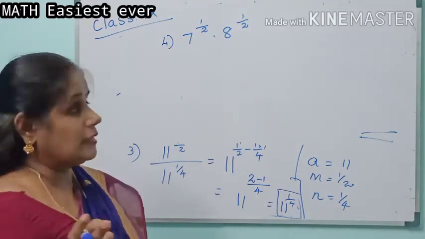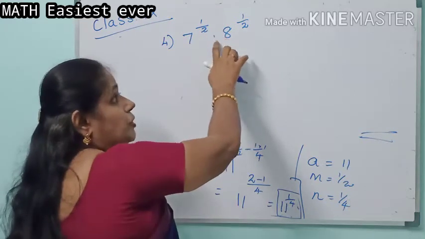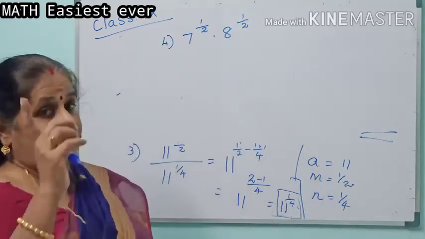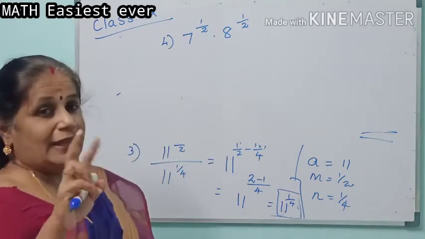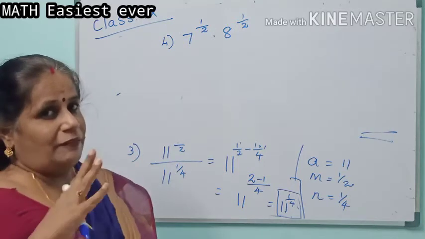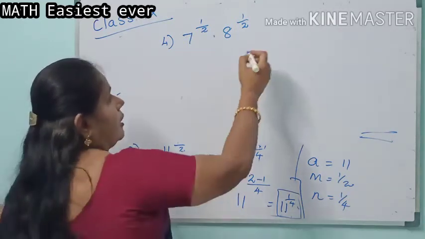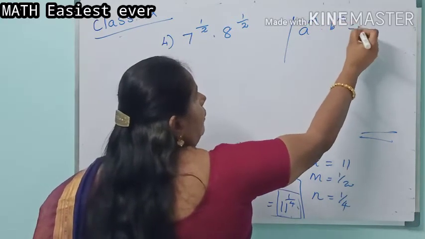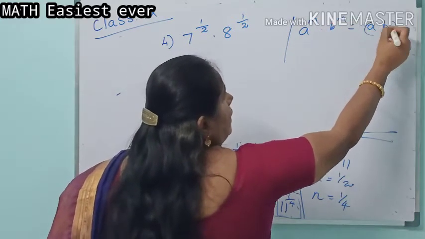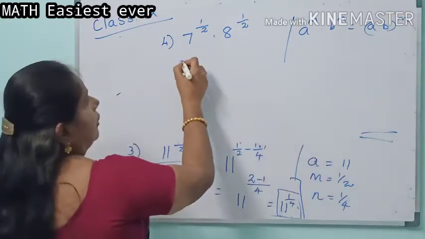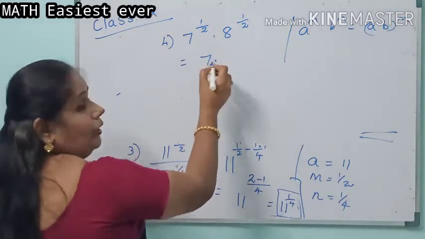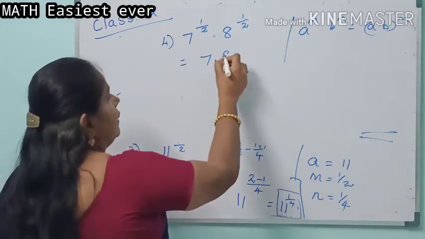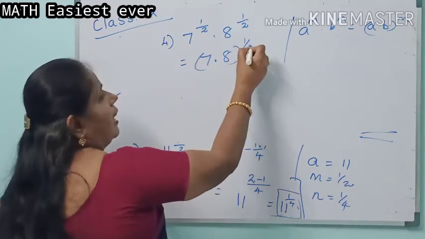What does the last law say? A raised to m into b raised to m. The powers are the same and the bases are different. Bases 7 and 8. So what is your law? A raised to m into b raised to m is equal to a into b whole raised to m. Isn't it? So what do you get here? 7 into 8 whole raised to half.